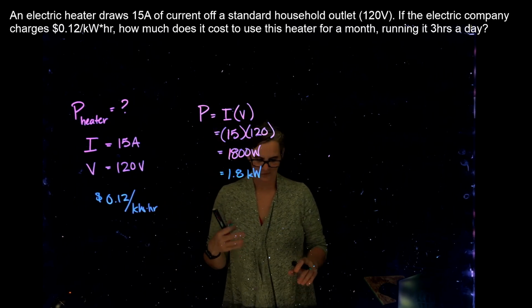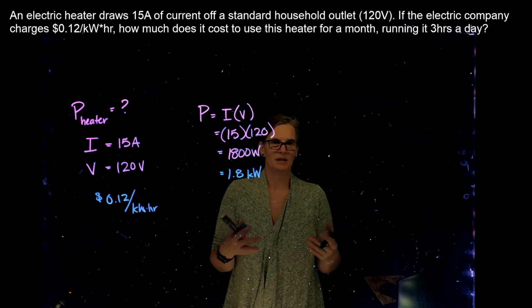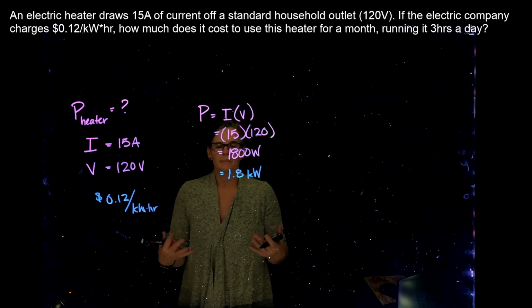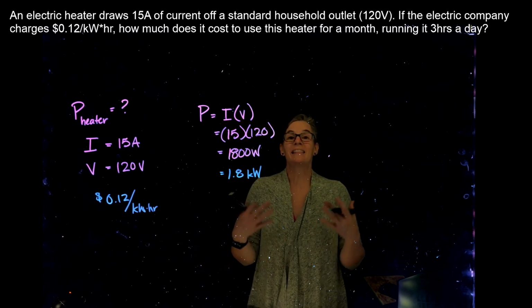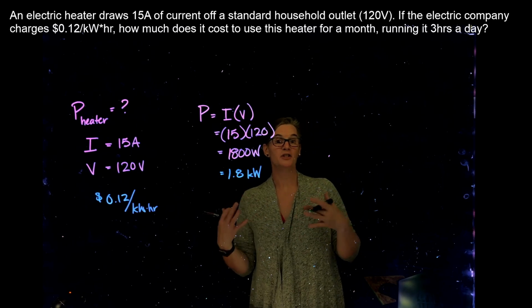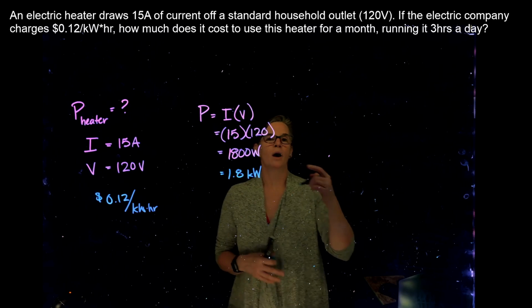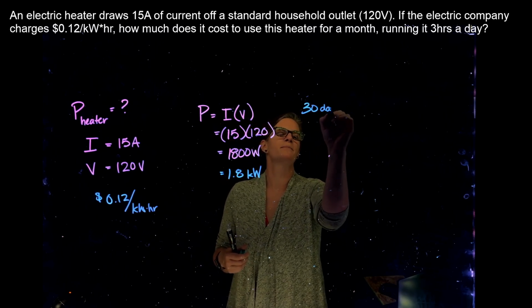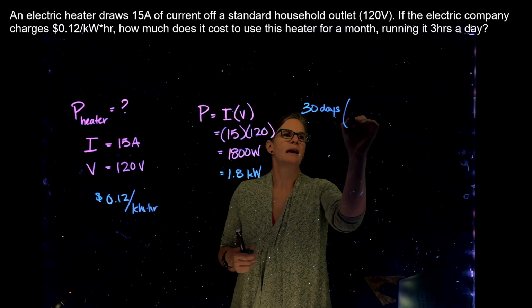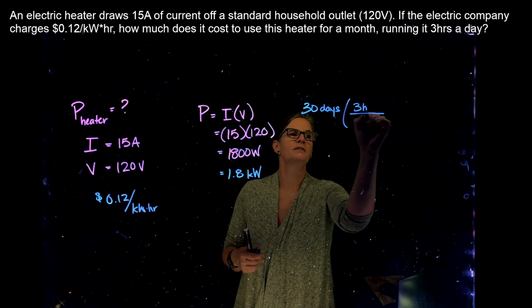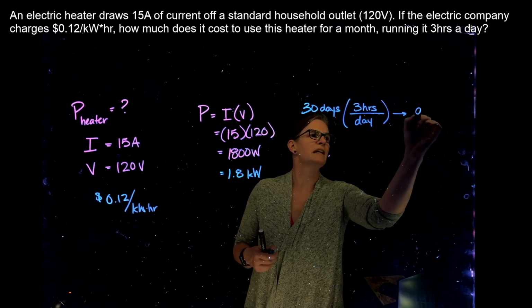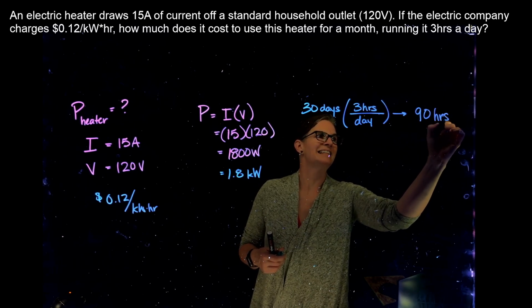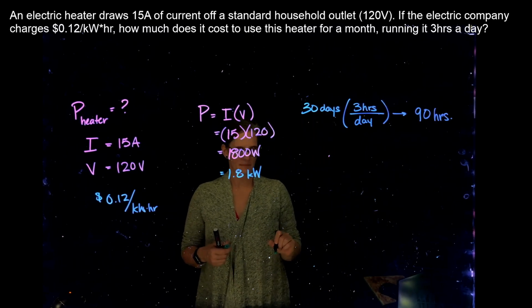So how much time is being used? We're actually paying the electric company, the energy company, for the amount of energy used per time. So how much time do we have? Well, we have 30 days in the average month, and I'm running it for 3 hours per day. So I'm using it over the course of the month, 90 hours.